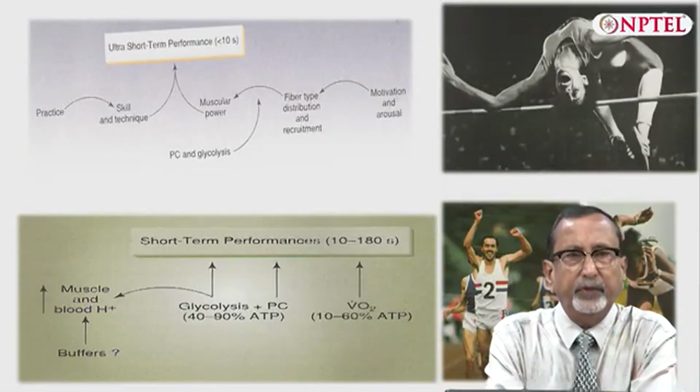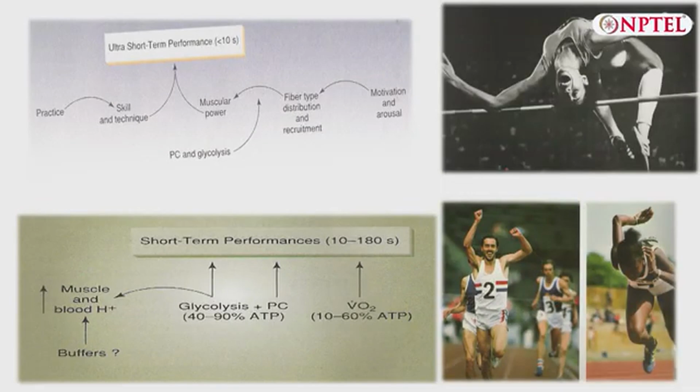Now, in ultra performance of less than 10 seconds duration, muscle power is generated by using phosphocreatine, and muscle power depends on the fiber type distribution and the recruitment of the fibers. The fiber distribution and recruitment also depend on motivation and arousal.